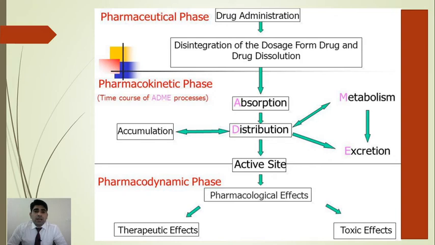The pharmaceutical phase starts when your drug is administered, and finally it gets disintegrated. Disintegration means the drug, or your tablet, breaks down into small particles, and then it undergoes the second step, that is dissolution in your stomach.